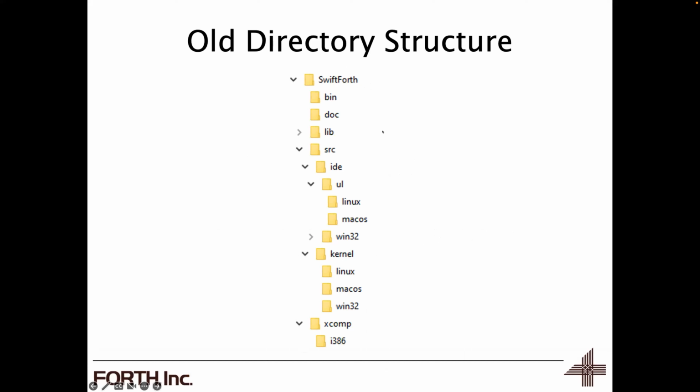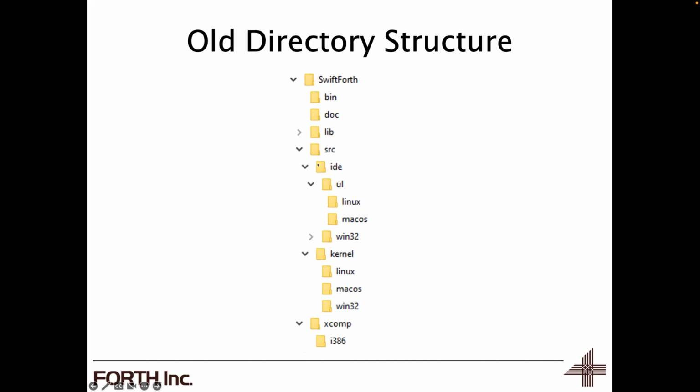Thank you so much. Okay, so starting with the old directory structure, this is how SwiftForth was organized. So if you've ever used it, you know this. And the most important part of this is from source on down. So I just popped open each of these trees and took a picture of it. At the top level of source, there's a directory for the kernel, and then a subdirectory for each of the platforms: Linux, macOS, Win32.